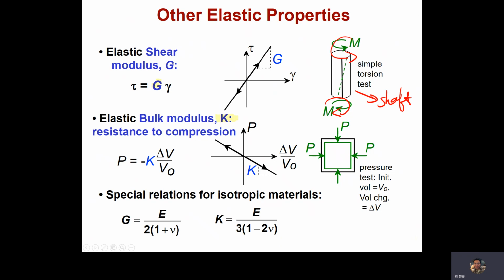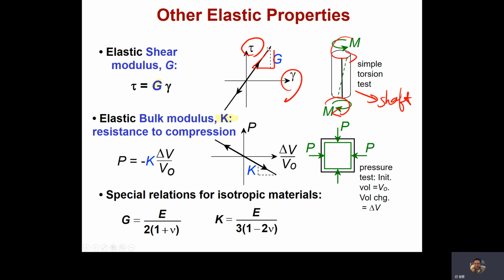So we can figure out the relation between the shear stress and the shear strain. The slope in this linear shear stress and shear strain plot is called the shear modulus. A higher shear modulus means this material has high resistance to torsion.